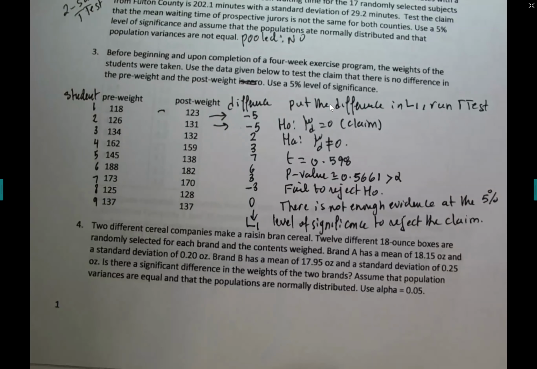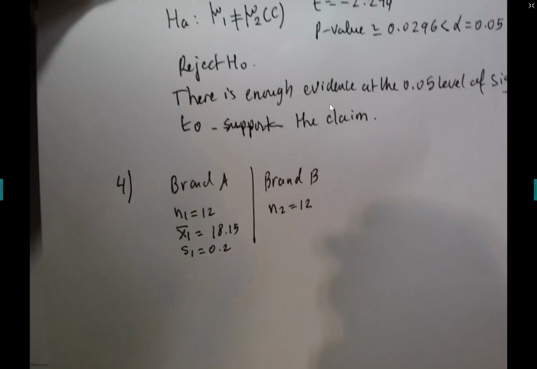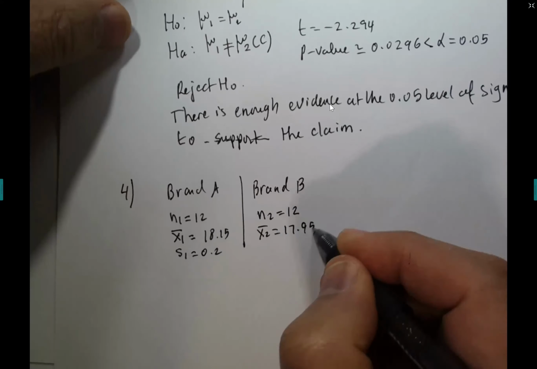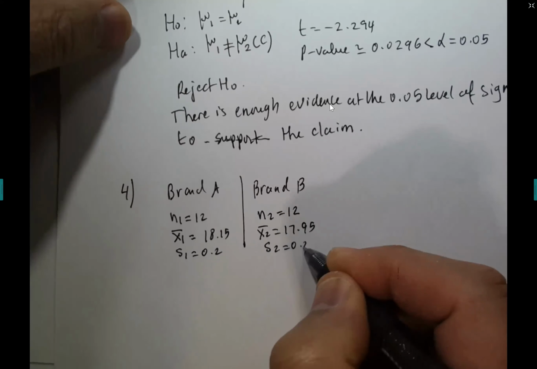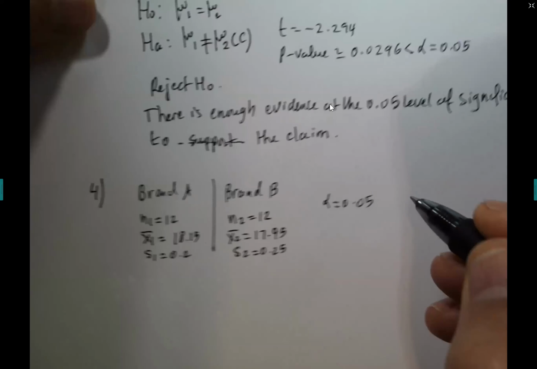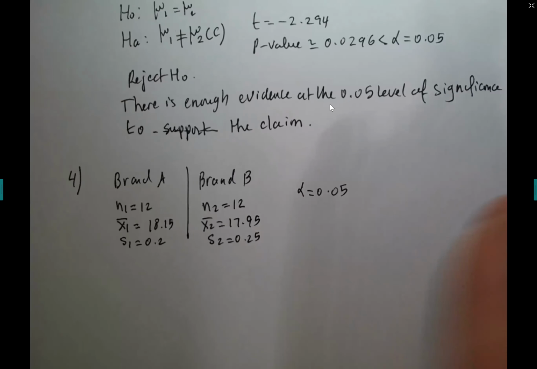And for brand B, it has 17.95 and a standard deviation of 0.25. And alpha is 0.05. And he's asking is there a significant difference?